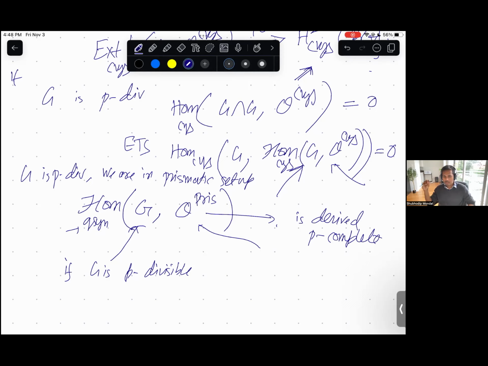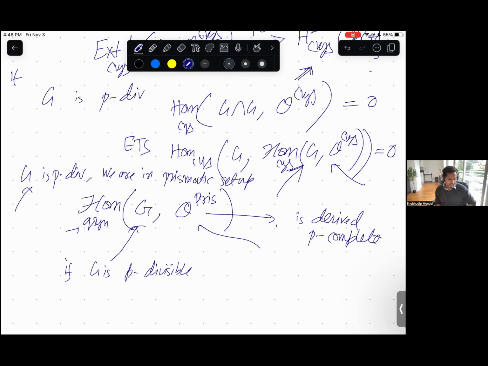So in the prismatic setup, it's fairly easy to say, and also G is p-divisible here. If G is a finite group scheme and we're working on the crystalline side, it's a little bit difficult to make the argument directly.